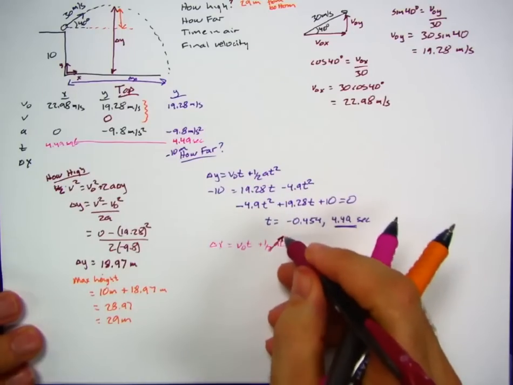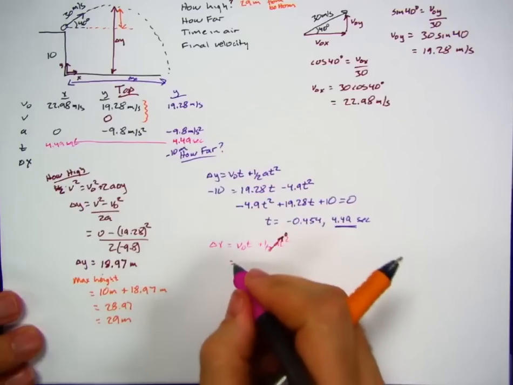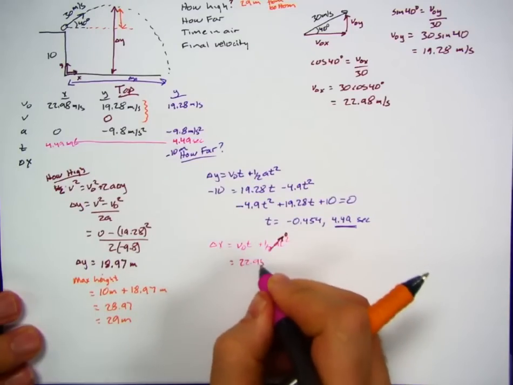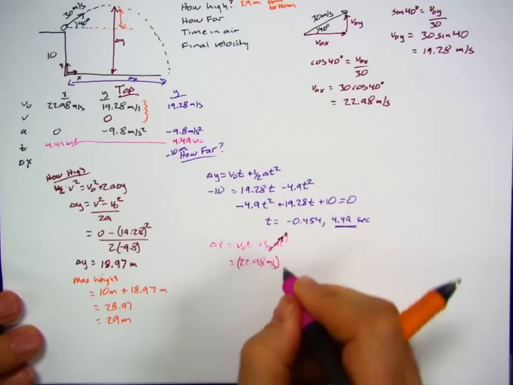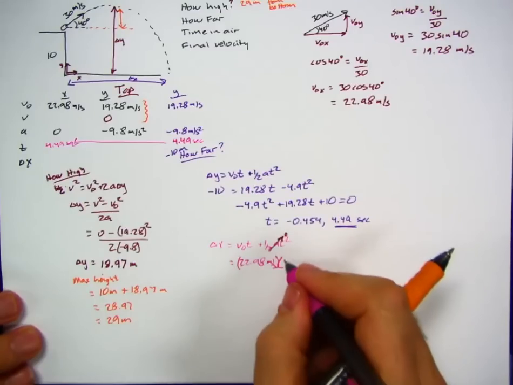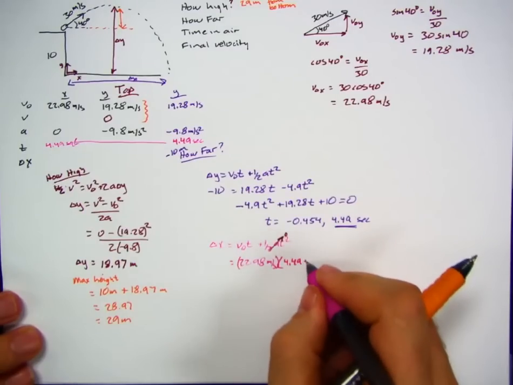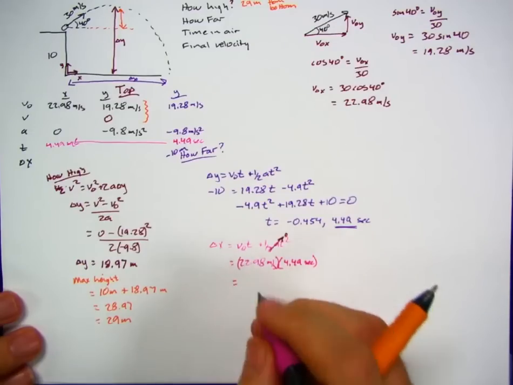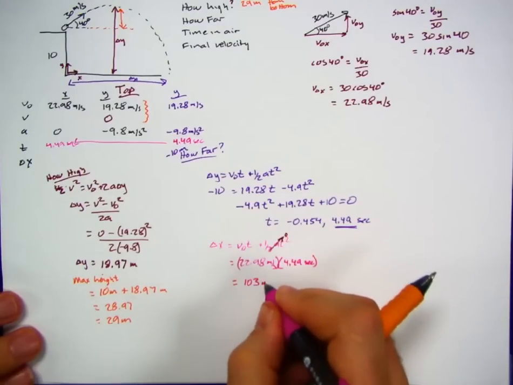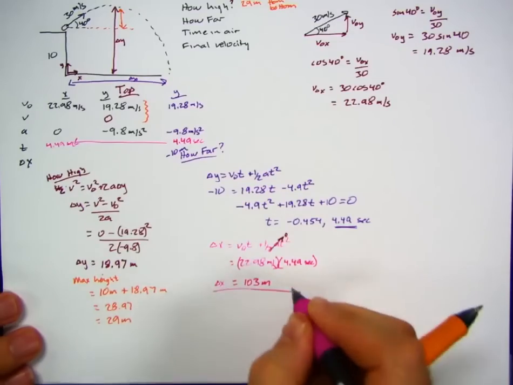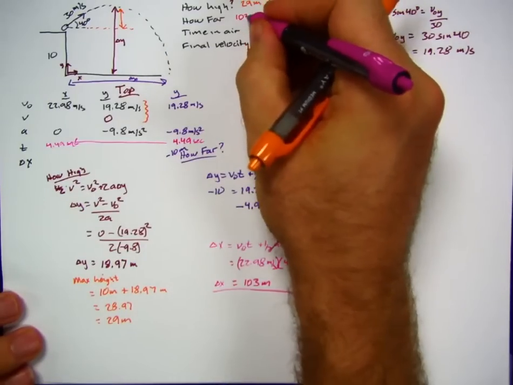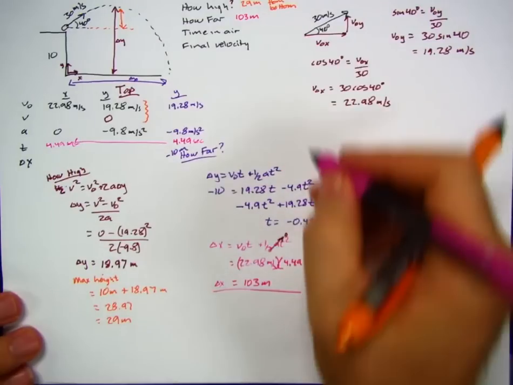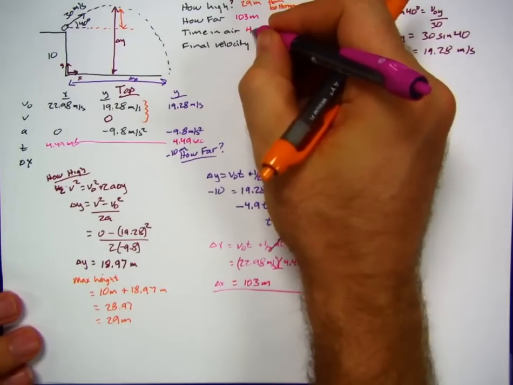Notice that that acceleration in x is 0, so delta x is equal to 22.98 meters per second times 4.49 seconds. 22.98 times 4.49. We get a distance of 103 meters for delta x. So how far did it go? 103 meters. And we, in the process of solving that, found out that the time in the air was 4.49 seconds.